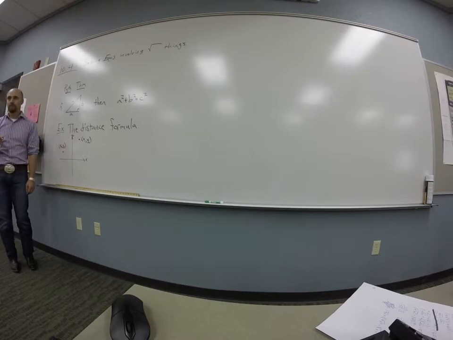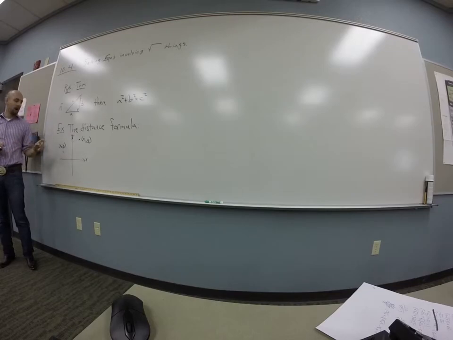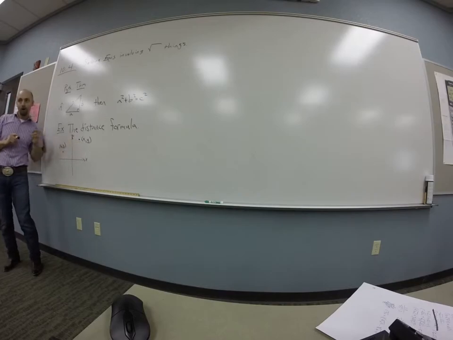Do you think it's crucial for us to write this down? Okay, I'm going to write down the formula here. The formula is going to work this way. I want to know how far these 2 points are apart.